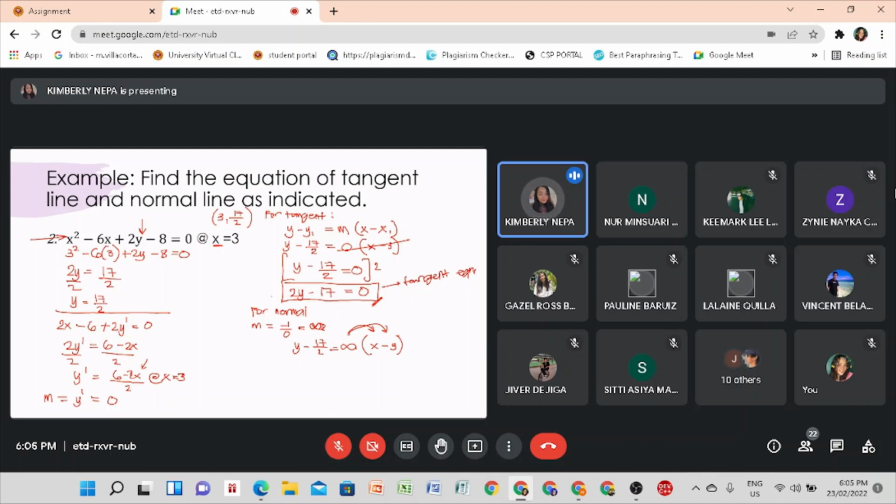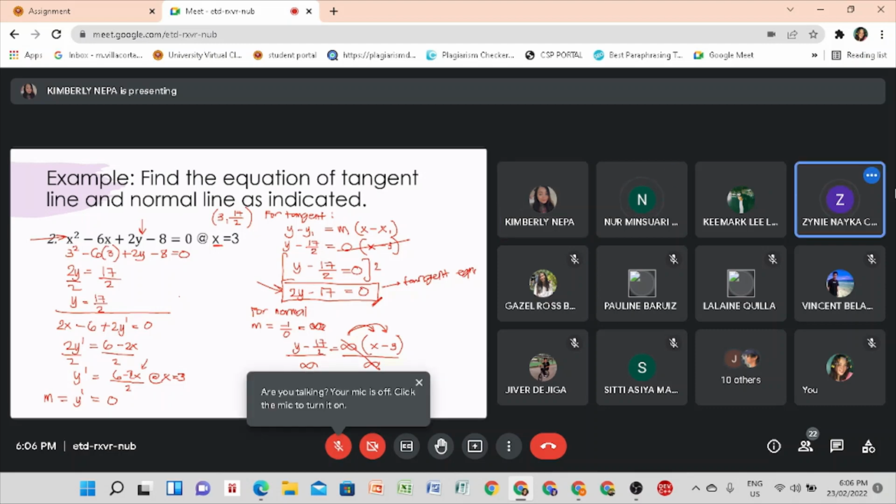Because as you can see, if we don't do this, this is still in y. So the normal should be in x. So divide by infinity, this cancels. So this side is infinity. And as we know, any number divided by infinity is what? 0. 0 po.